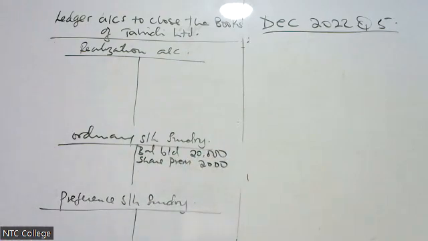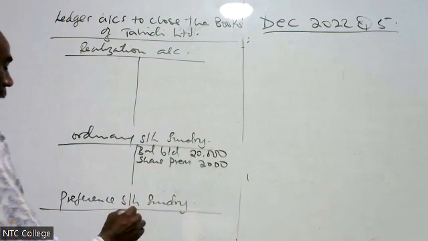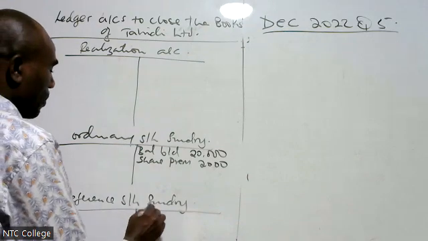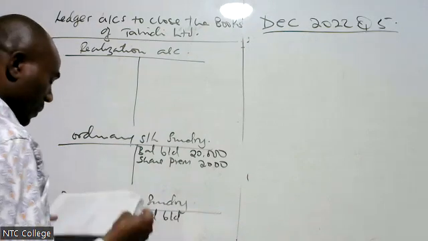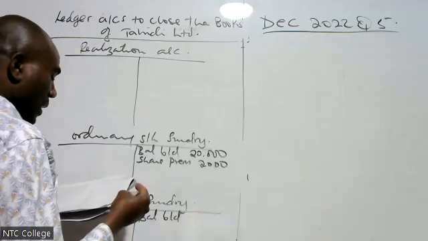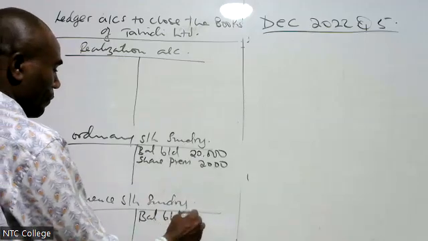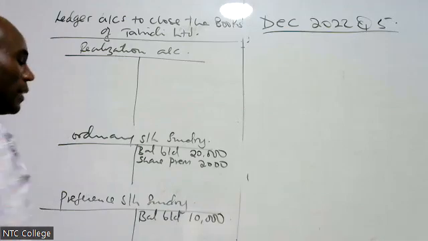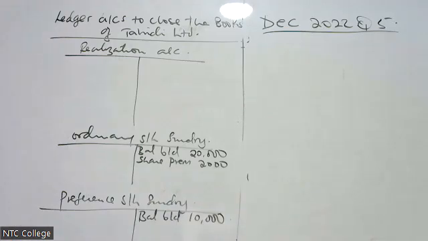Share premium belongs to ordinary shareholder. Therefore, you bring it down. Then in the preference, balance brought down, which is 10,000.